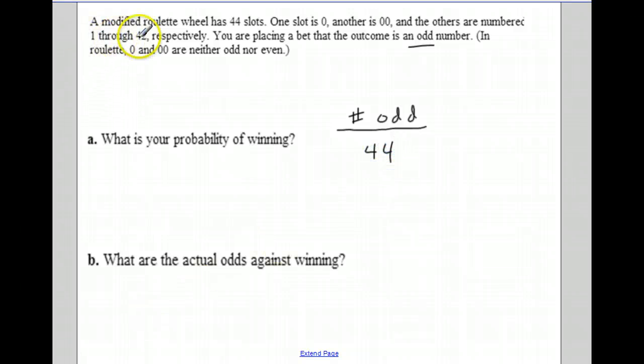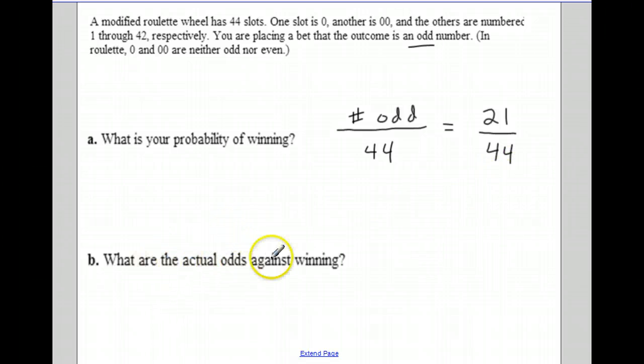Alright, and then these numbers 1 through 42, if you think about it, because we end on an even number, there's going to be exactly the same number of evens as odds. So half of these 42 numbers are even, half of these 42 numbers are odd. So there's 21, half of 42, 21 odds out of the 44 is our probability of winning.